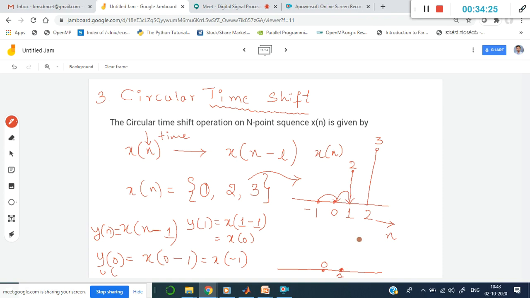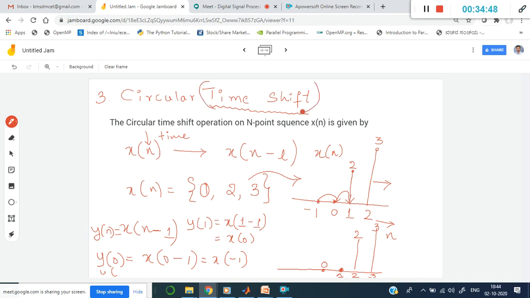Similarly, x of 2 value will get me the amplitude of 2, x of 3 value will get me the amplitude value of 3. This is how the value is getting shifted by 1, right? So this is all about time shift.